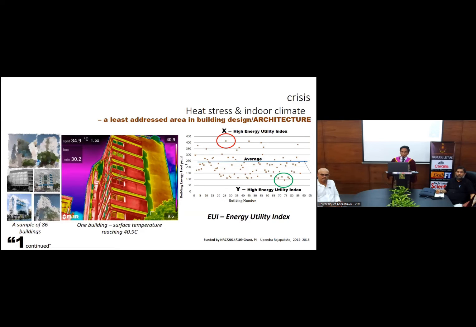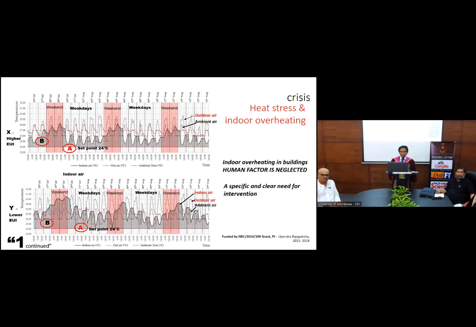But if you look at them in detail, the situation is like this. Y is one example from the lowest category, the category which has a lower energy utility index, and X is another detailed investigation of a building from a category which belongs to a higher energy utility index.